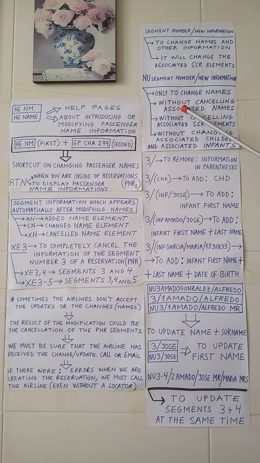This method of modifying names does not cancel or modify other names of passengers that may be in the same reservation. This method also does not cancel and does not modify SSR type elements that are associated.